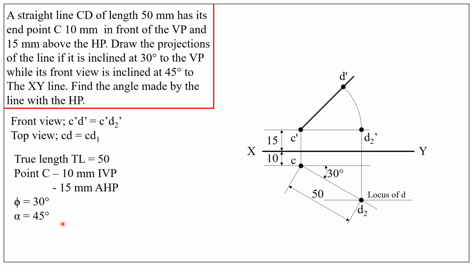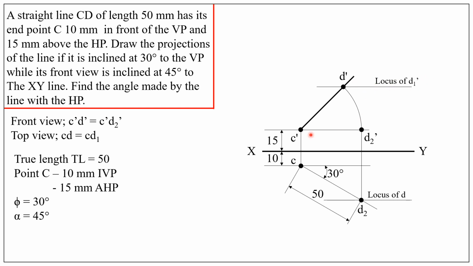Now we need to draw the top view CD in order to complete the projections. And before that, through D dash we can draw a horizontal, and that gives the locus of D1 dash. That means D1 dash will lie on this line. So what is this D1 dash?